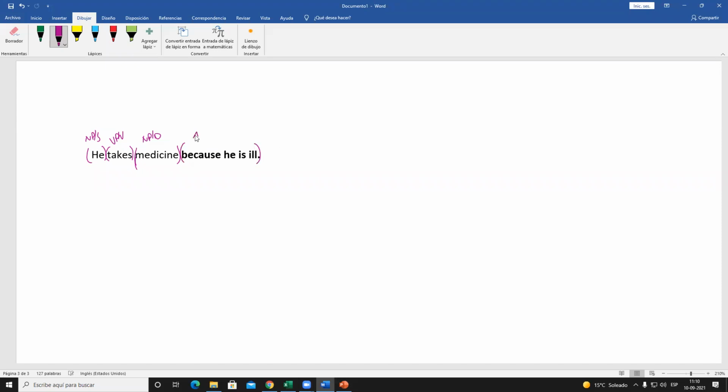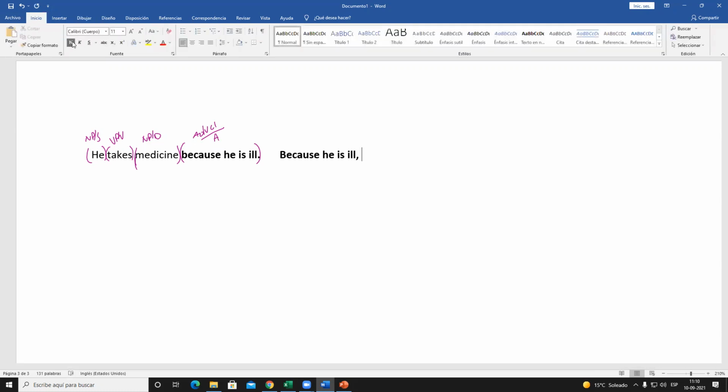Y esta es mi adverb clause que actúa como adverbial. Profe, ¿por qué dice eso? Porque se mueve. Y si yo la muevo, es la que cumplía con la descripción del primer slide de este PowerPoint.